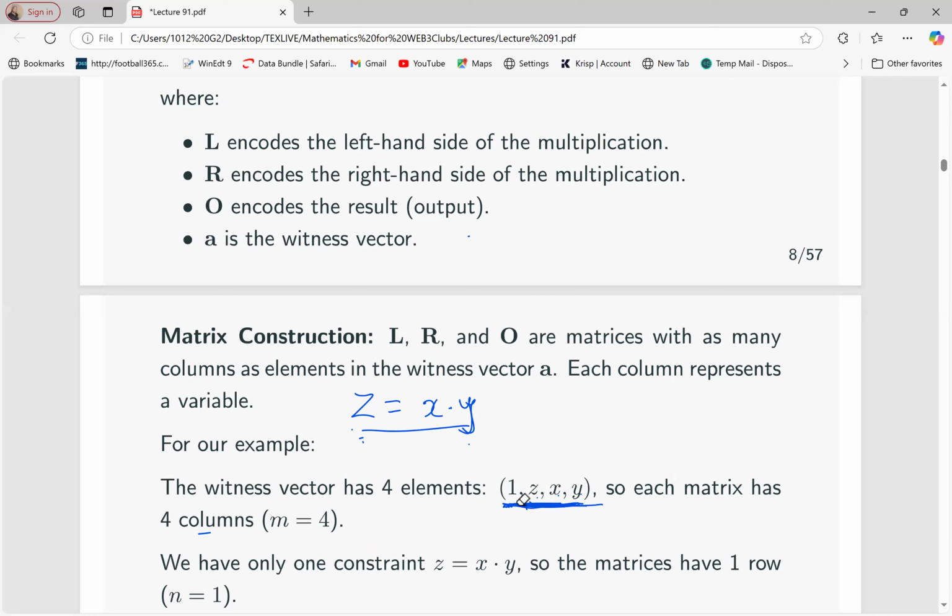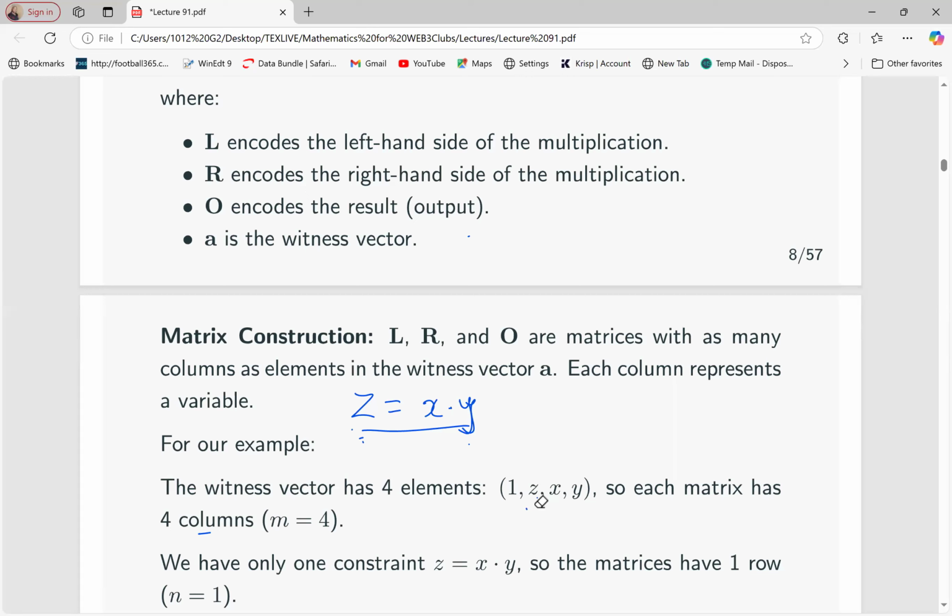But we've already known the basics. We've already known that each of these matrices, its number of rows would depend on how many equations you have. So if you have 1 equation, then you will be having 1 row. If you have 2 equations, you'll be having 2 rows. You have 3 equations, you'll be having 3 rows, and so on. And the number of columns of each of these matrices would depend on the entries or the elements in your witness.